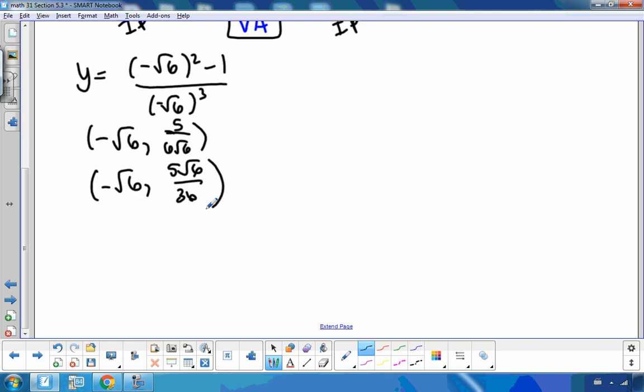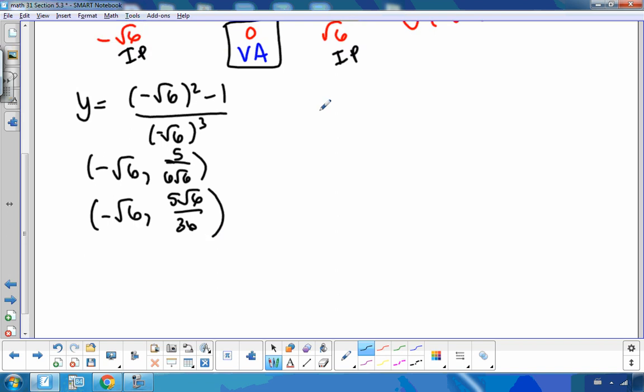Okay, I'm going to do the same thing for positive root 6, and it's going to end up being the same thing because I square it. So it's positive all over here. Oh, I think I made a boo-boo here. Just hold on. Yes, it's not the same. So this is negative root 6. This is negative. So this whole thing is negative. My mistake. All over root 6 cubed.